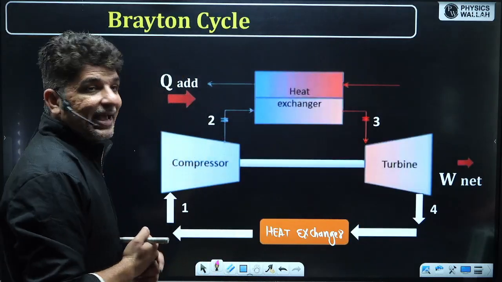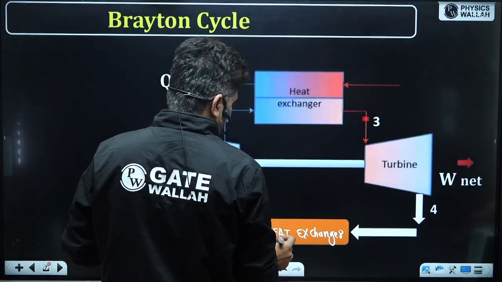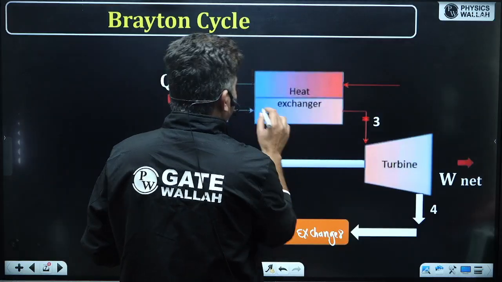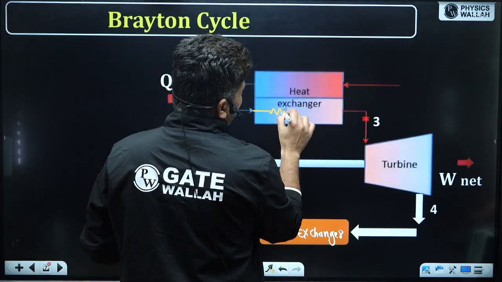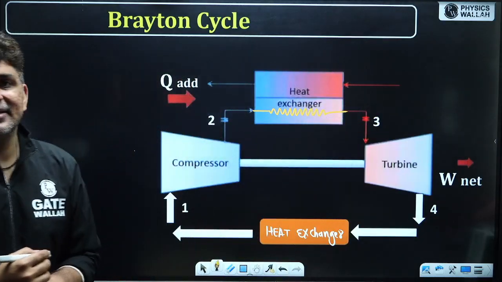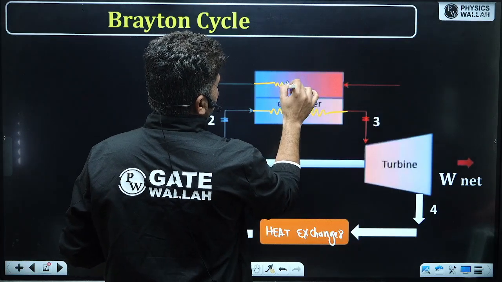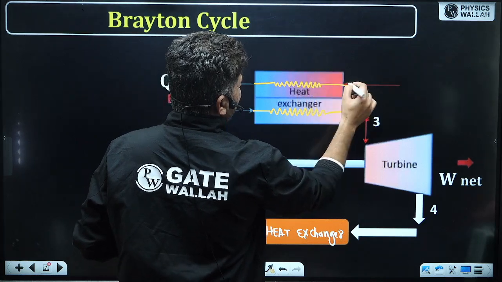So the heat exchange happens at constant pressure. I am drawing a heat exchanger over here, and there will be another heat exchanger over here where the heat exchange happens.